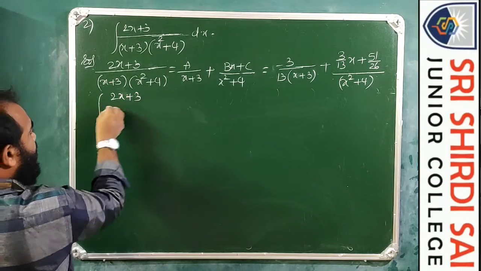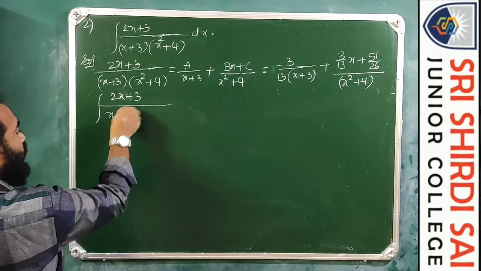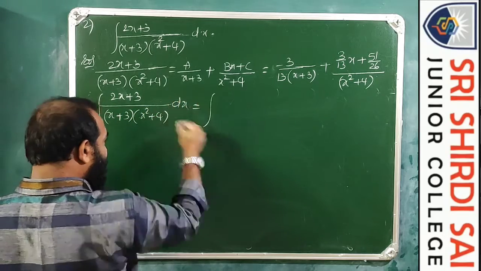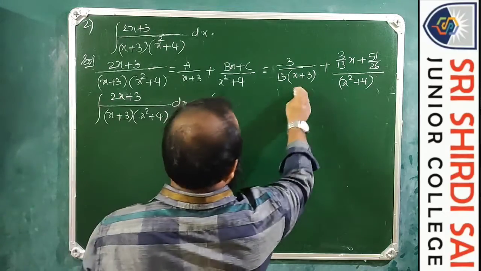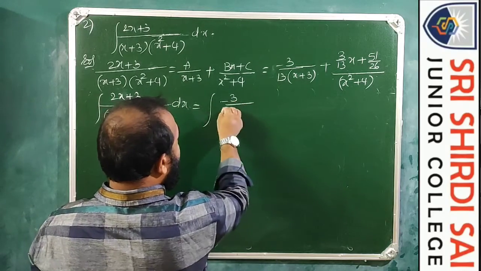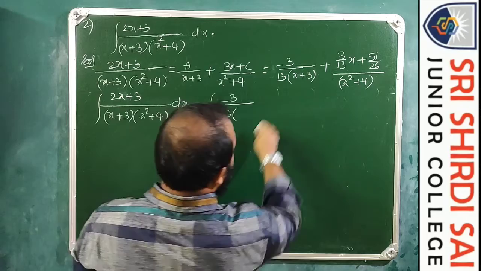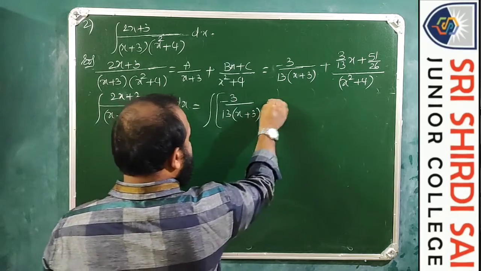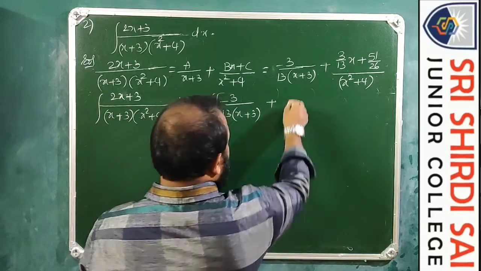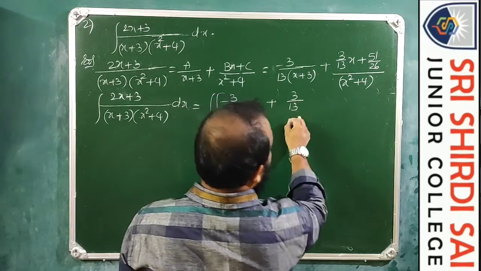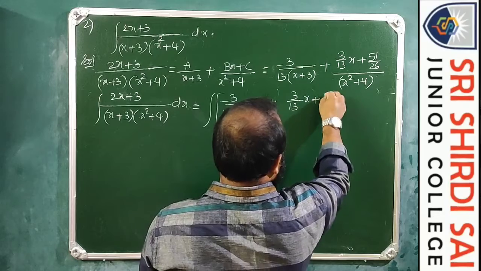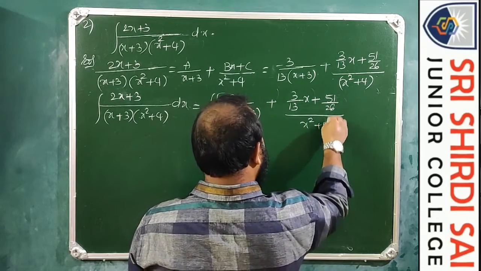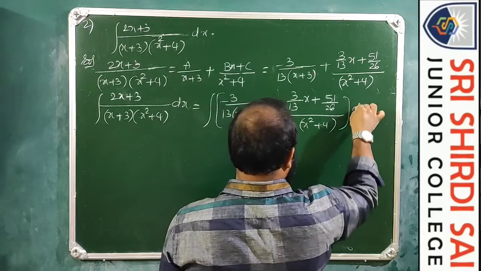Integral of (2x plus 3) by (x plus 3)(x square plus 4) dx is equal to integral of minus 3 by 13 into (x plus 3) plus (3 by 13 x plus 51 by 26) by (x square plus 4) dx.